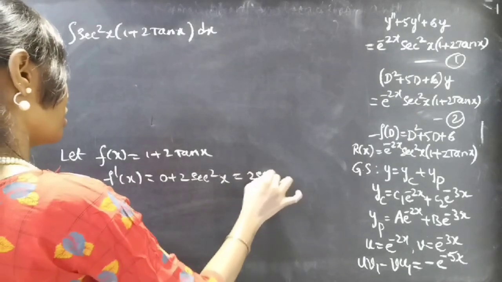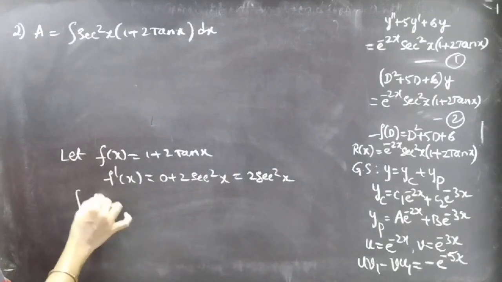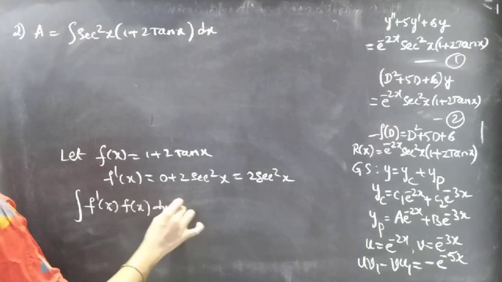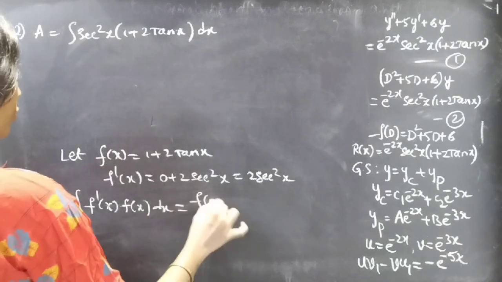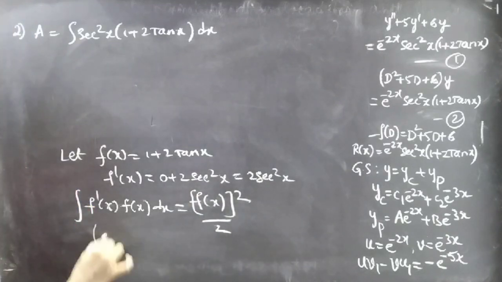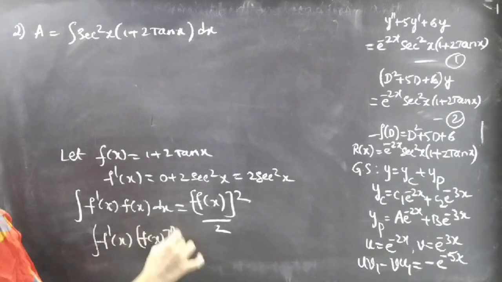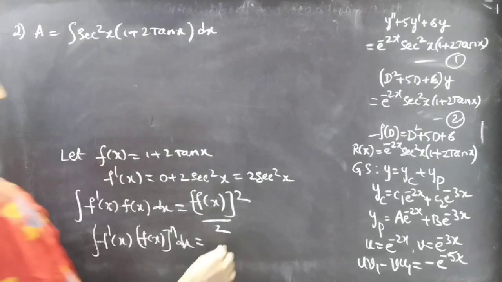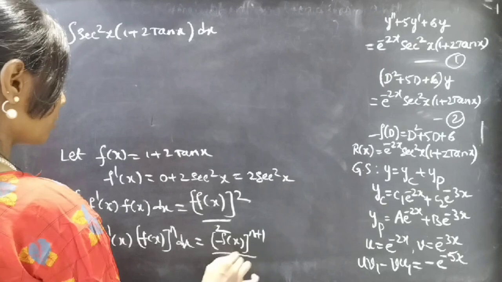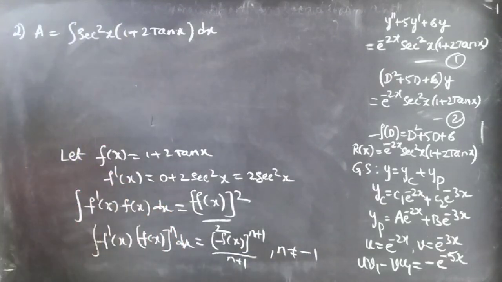So f dash of x is secant square x, and we have the formula integral f dash of x into f of x whole power n dx equals f of x whole power n plus 1 by n plus 1, for n not equal to minus 1.